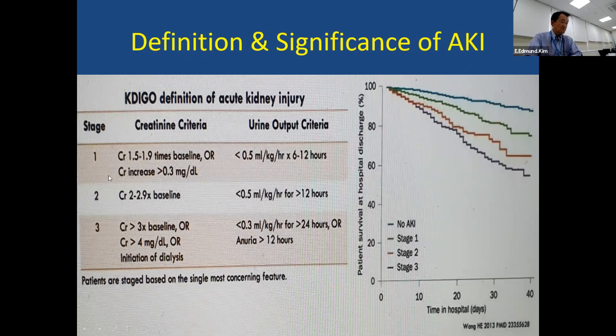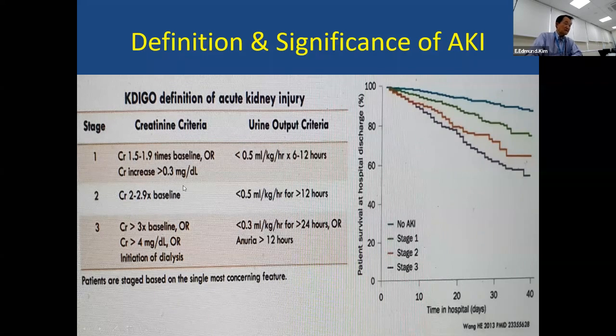As you see, stage 1, 2, 3: greater than 3 times baseline is stage 3, and about 1.5 to 2 times is stage 1. That's related to survival. You can see a big difference. Stage 3 versus stage 1, a big difference in survival.